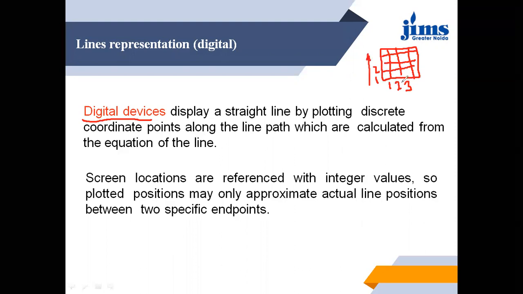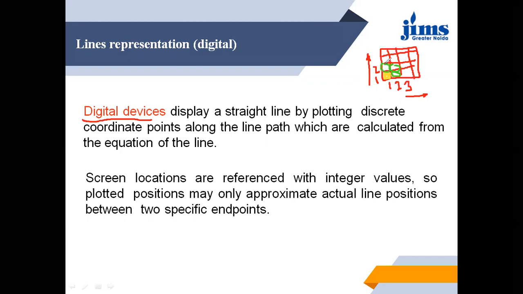When we have to draw a line, we can glow or highlight this pixel, and the next pixel can be this one, that one, or that one.